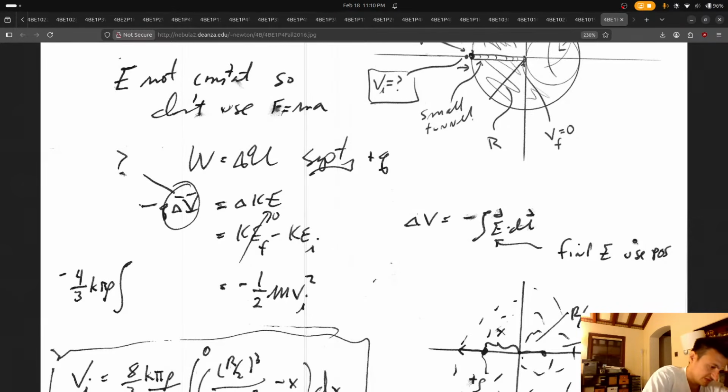But it's going to be minus rho. And then E plus is going to just be equal to, what did I just say? I just did the thing. Rho R over 3 epsilon naught R hat. So then here, we're going to add these two together. So we're going to get rho R over 3 epsilon naught.